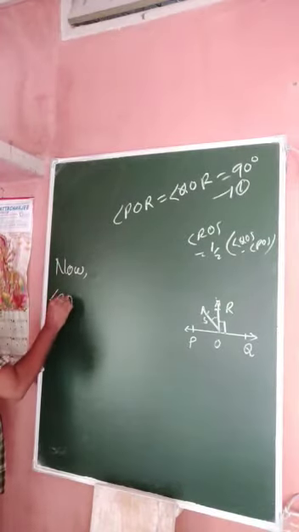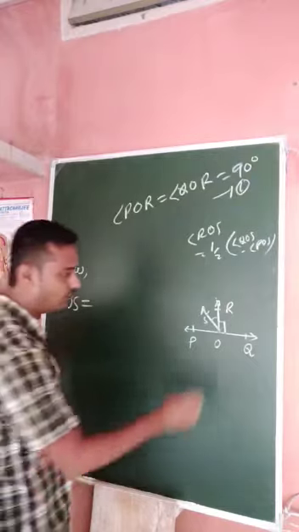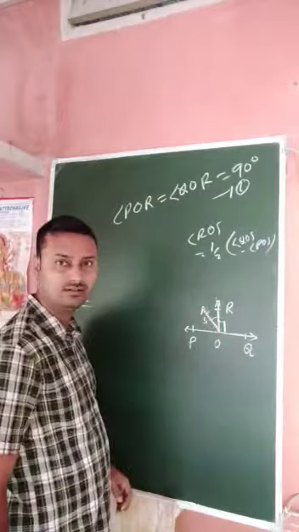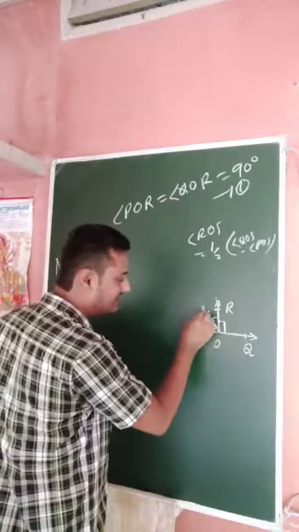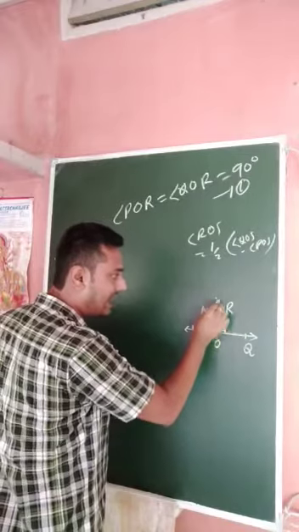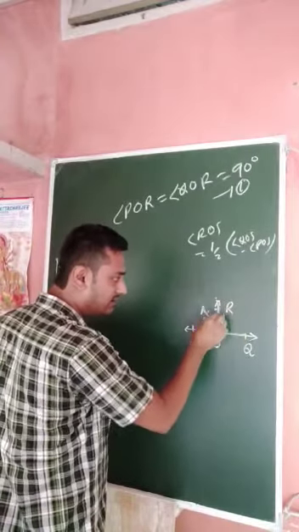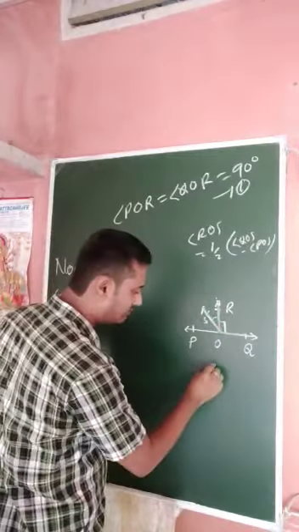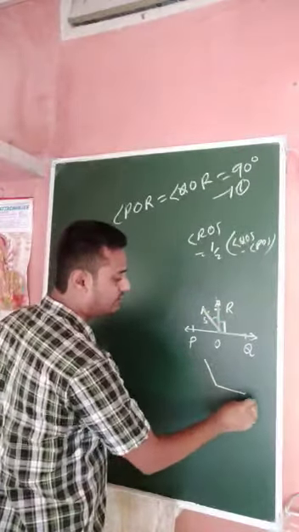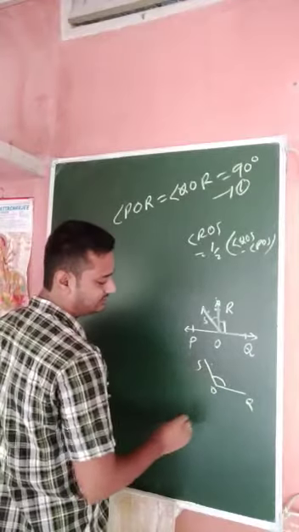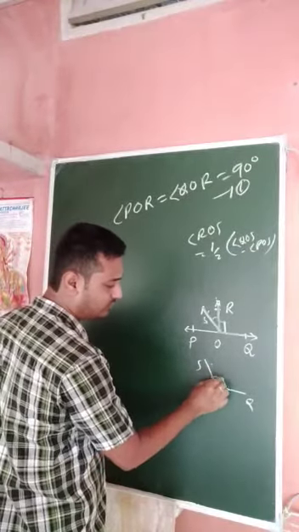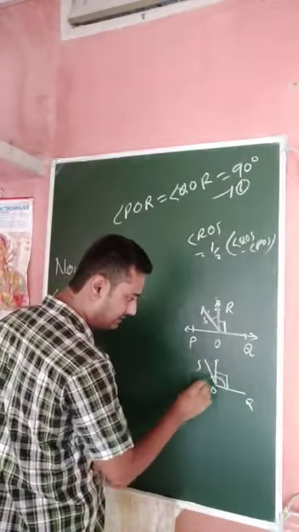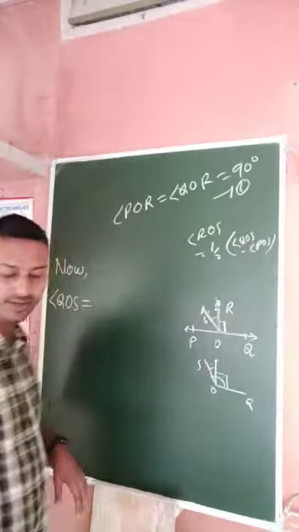Now angle QOS, look at the figure. QOS angle is this one. Okay. So QOS is what? QOR, that means this angle plus this angle. From this point to this point, there is another angle like this one. So you can say that this angle plus this angle, then you will get QOS.